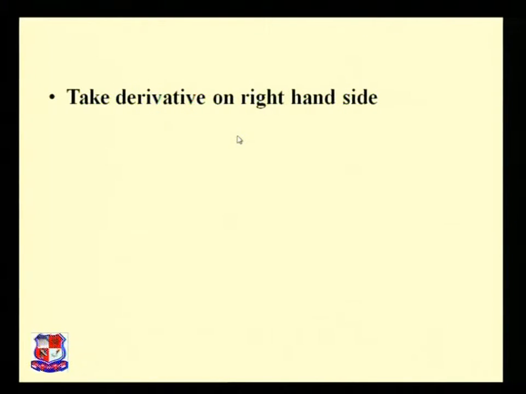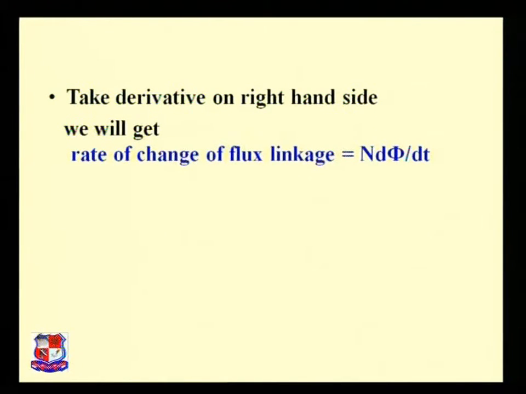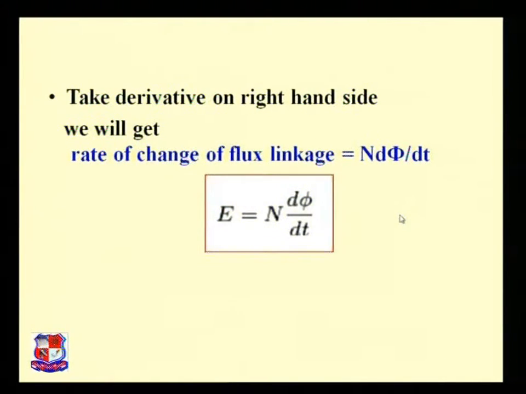Taking the derivative, the rate of change of flux linkage is equal to N d phi by dt, as we go to a small time duration. And as we know, the rate of change of flux linkage is the induced EMF. So induced EMF E equals N d phi by dt.